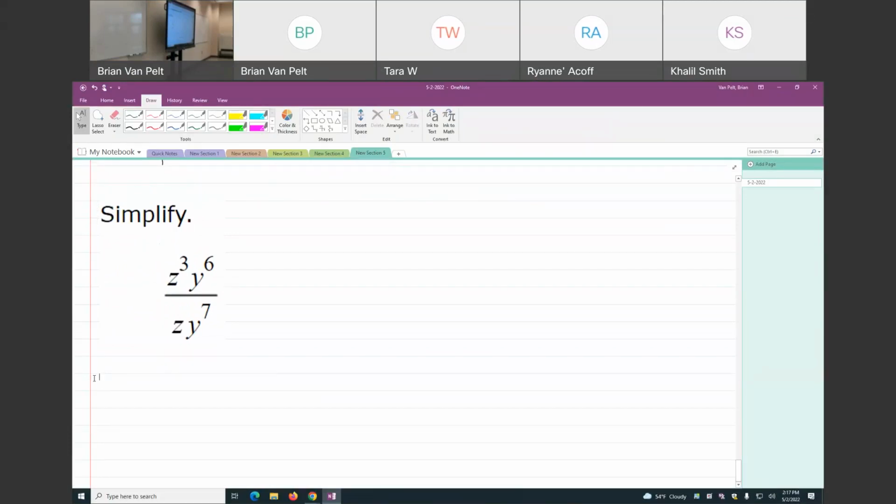What'd you say? 2z over 1. Not 2z, 2z to the second power. Right, right. So z squared.